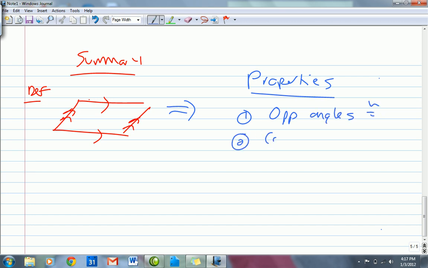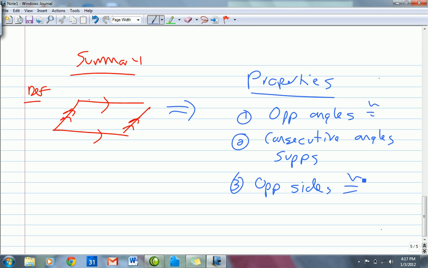Number two, consecutive angles are going to be supplementary. Number three, opposite sides are parallel by definition and congruent by property. Okay, and number four, the diagonals are going to bisect each other. They have the same midpoint, just as the specific example I showed you has.